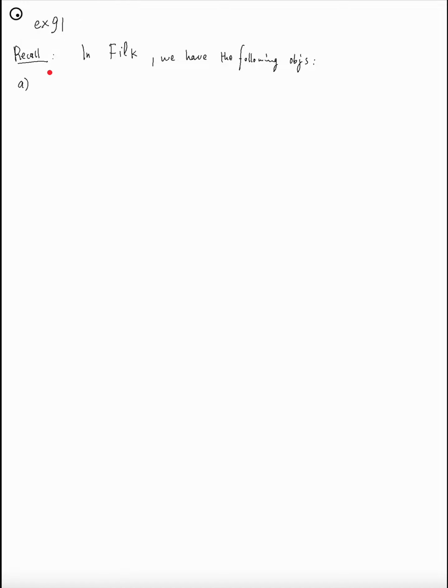Firstly, tensor product. If you have D1, D2, two objects in the filtered K-vector space, then we define a tensor product of these two, still a filtered K-vector space, as follows. Firstly, let's tell what is the structure as K-vector space.